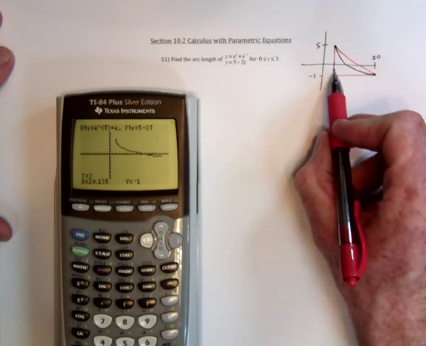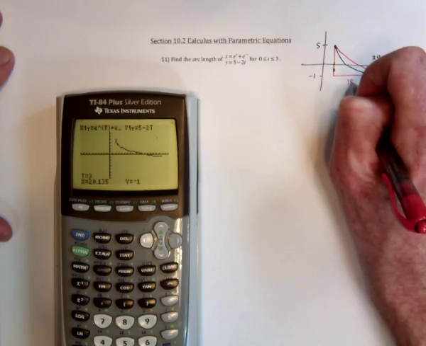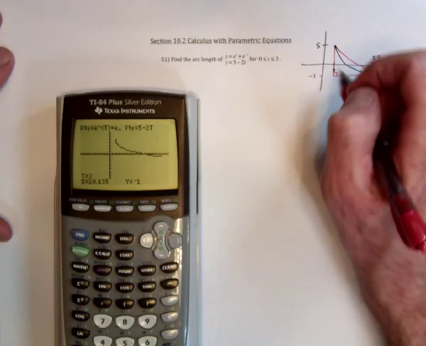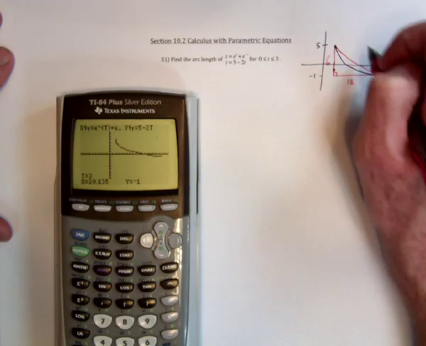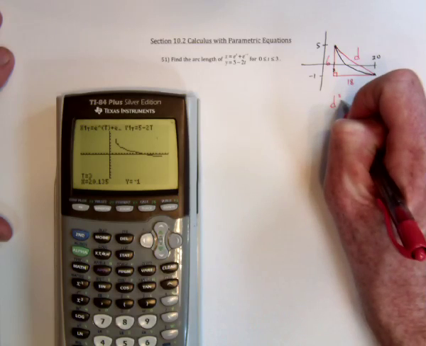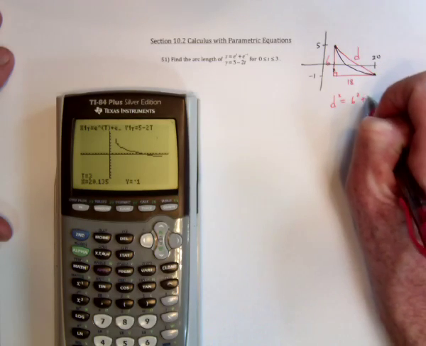So this goes from 2 to 20, so this side is 18. This goes from 5 to negative 1, so this side is 6. So if I call this the distance d, then d squared equals 6 squared plus 18 squared.